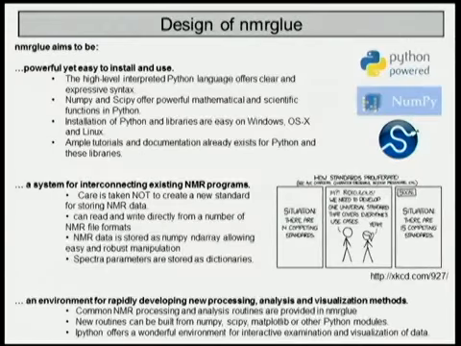So with those in mind, what did I want to design NMR Glue for? NMR Glue aims to be a powerful yet easy to install and use package. For this, I chose Python, and in conjunction with the NumPy and SciPy packages, it really offers you a very powerful and easy and clear syntax to attack scientific problems.